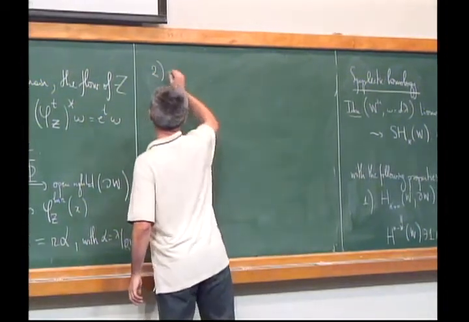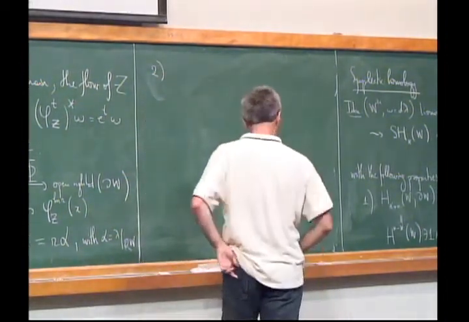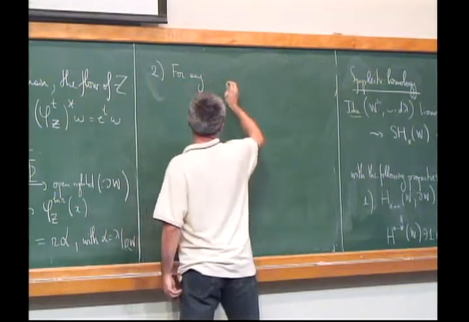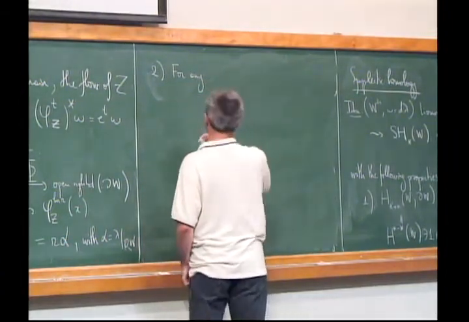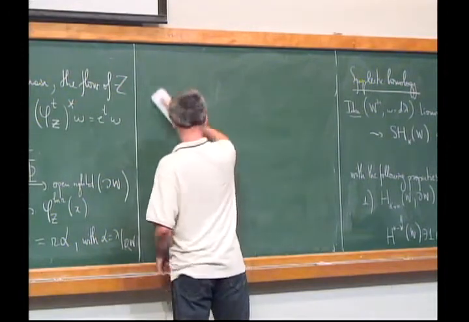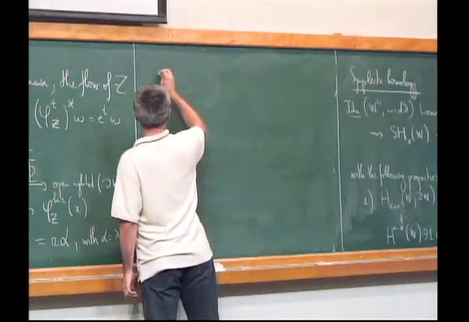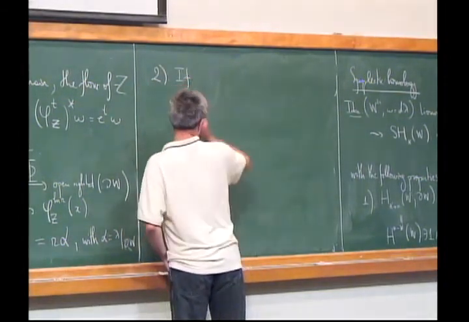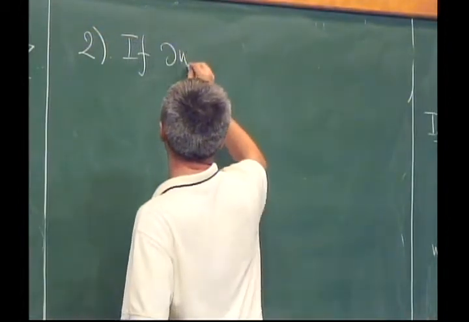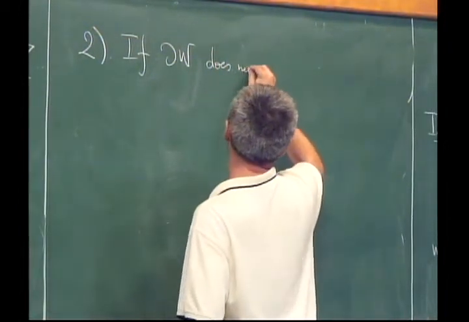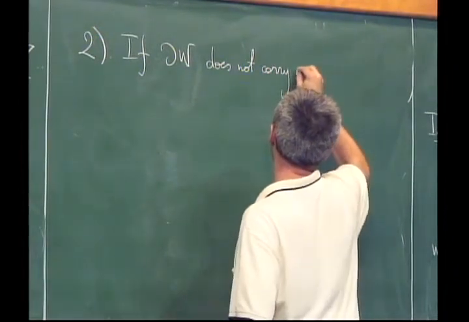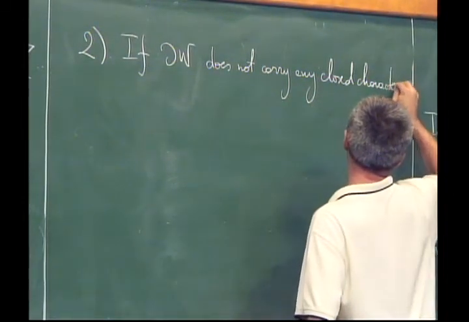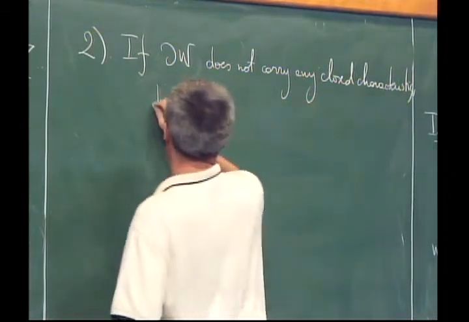Property 2: if the boundary does not carry any closed characteristic, then this map is an isomorphism.